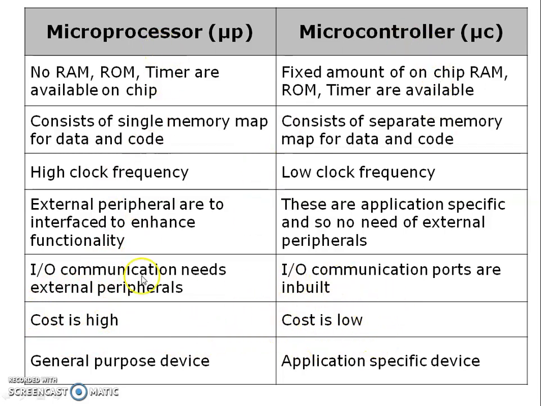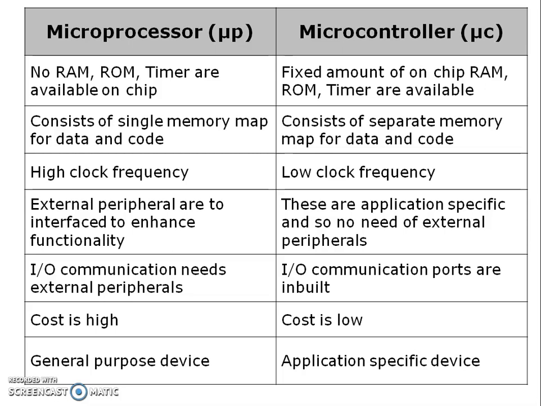A microprocessor is used as a general purpose device, that means the same as the CPU in our computer system. But a microcontroller is used as an application specific device, like the keyboard of our computer system, which is only used for typing keys. A second example is the washing machine, a home appliance whose function is only to wash clothes.